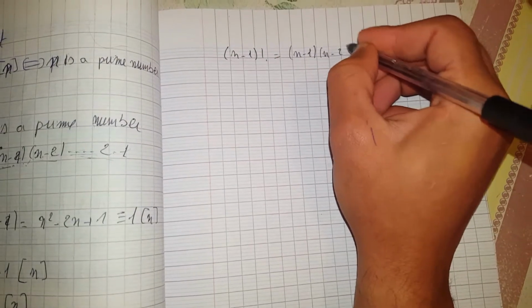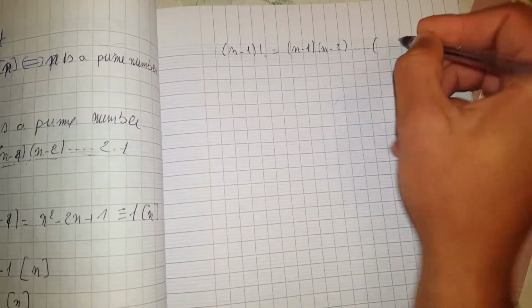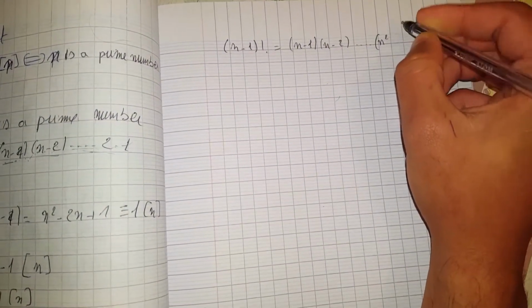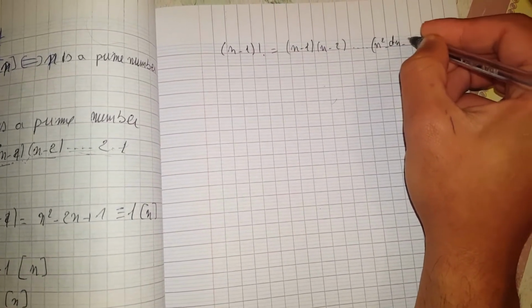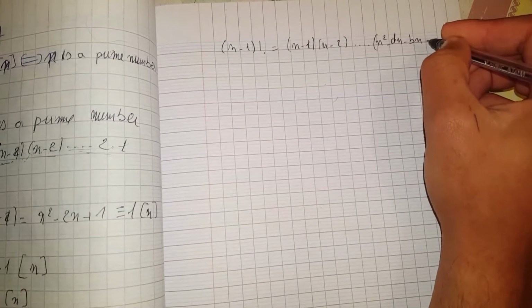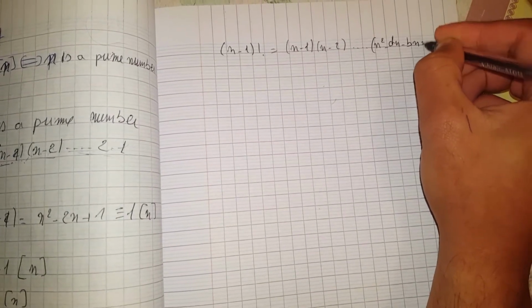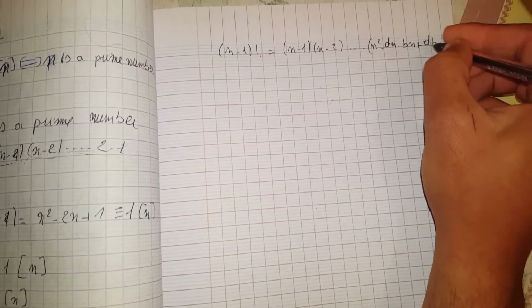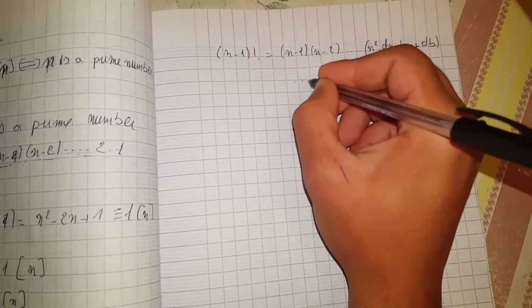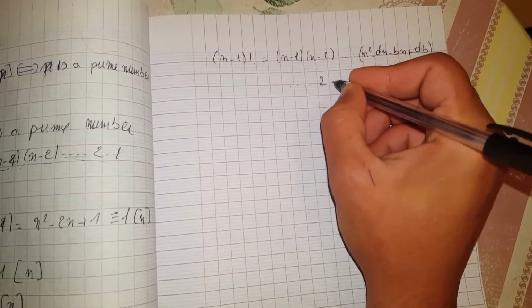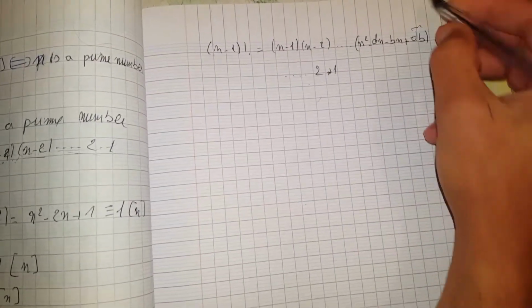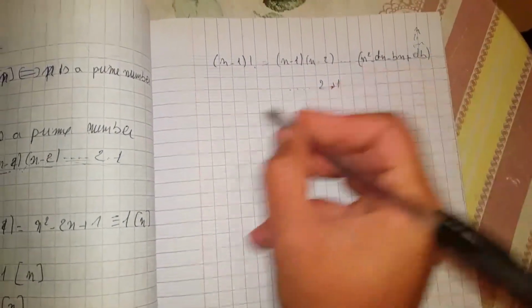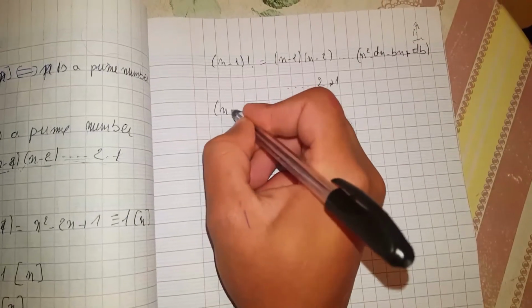And so that will give us (n minus 1) factorial equal to n minus 1, n minus 2, and here n square minus dn minus bn plus db, then 2 multiplied by 1. And this db is equal to n, so we can factor by n.